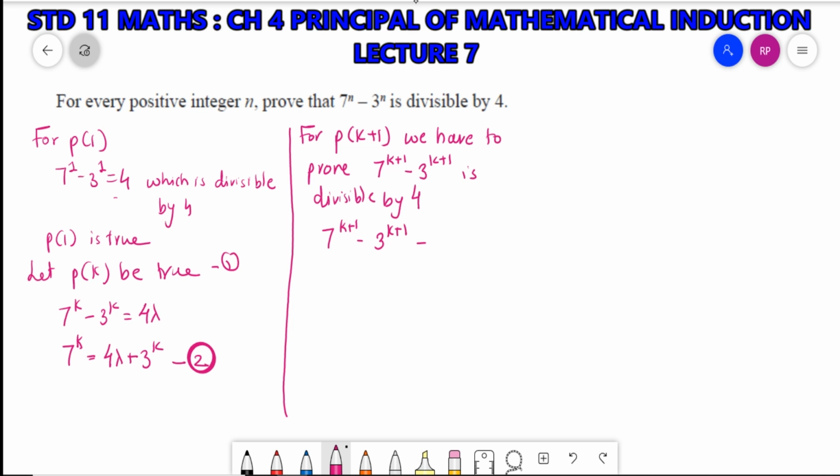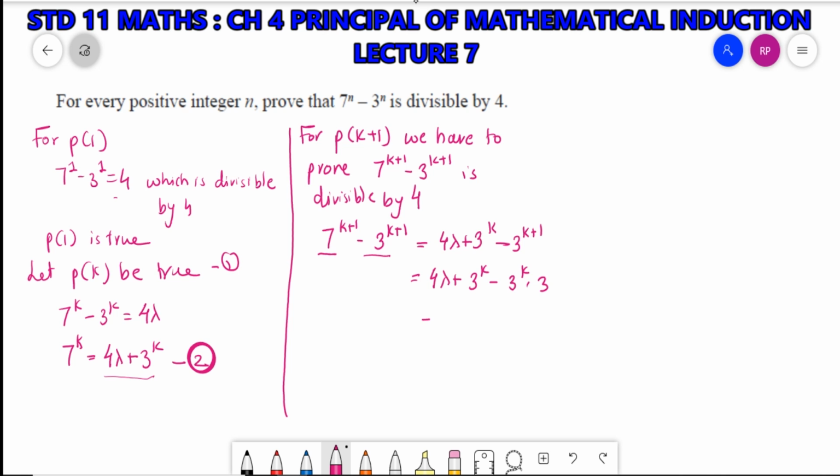Clear? So let's take 7 raised to k plus 1 minus 3 raised to k plus 1. This will be equal to, instead of 7 raised to k plus 1, I can put 4 lambda plus 3 raised to k minus 3 raised to k plus 1. Clear?